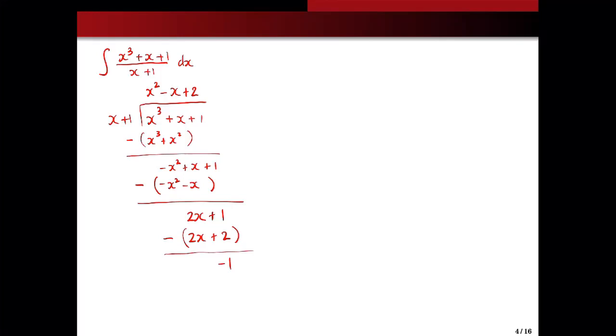And therefore, you can now write this expression as the integral of, this is your q of x, x squared minus x plus 2, and then you have this, minus 1 over x plus 1, and then the dx.